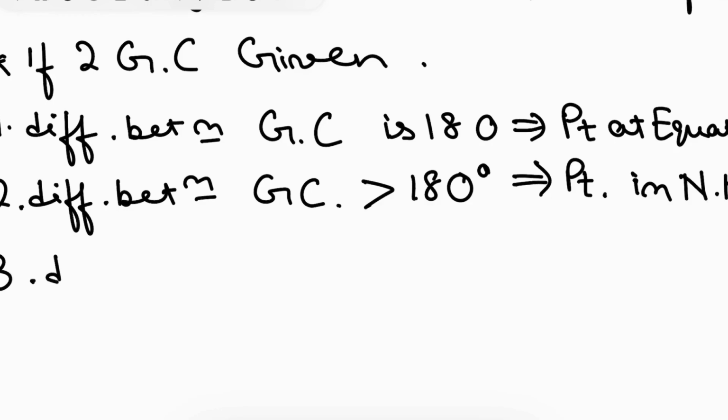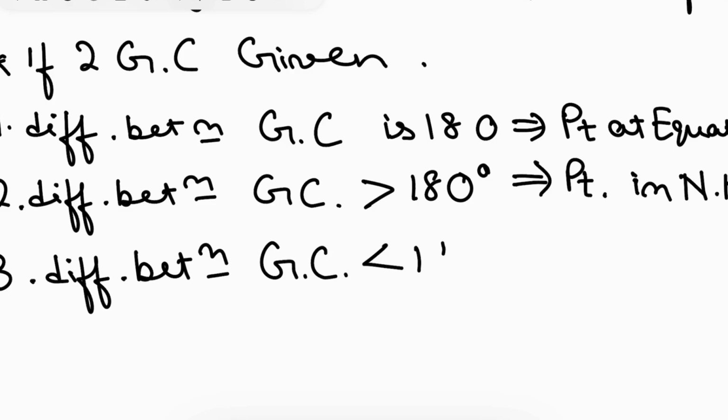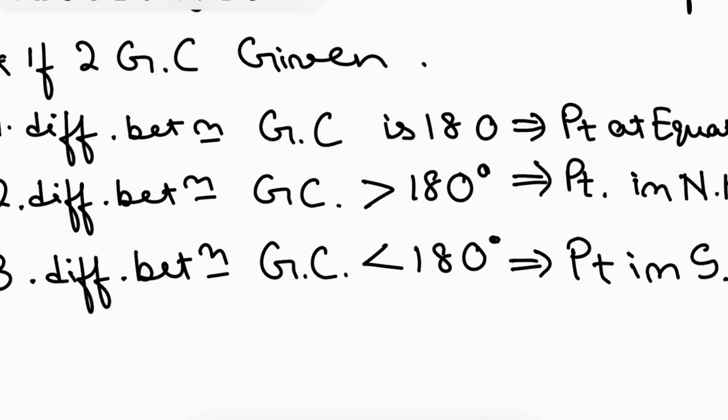And third situation is if difference between the great circles is less than 180, then the points are in south hemisphere. Here in the question, great circles will be given for two different points and you need to know in which hemisphere or at equator the points are.